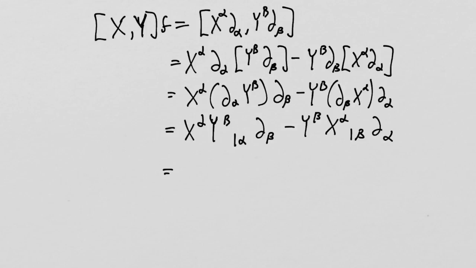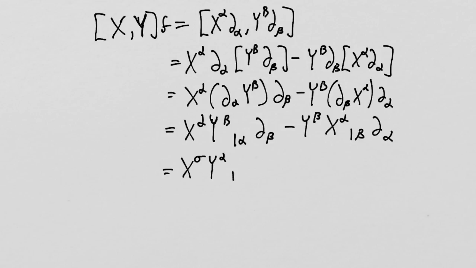And then what we do is we simply rename these two alphas here to, say, sigma, and rename these two betas to alpha. So we get x sigma y alpha slash sigma partial alpha. This is totally just renaming.